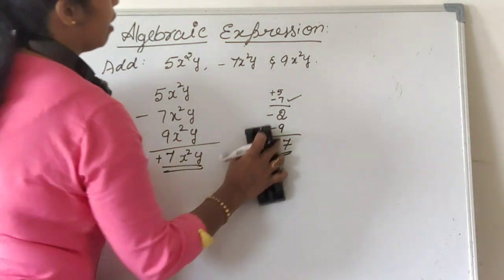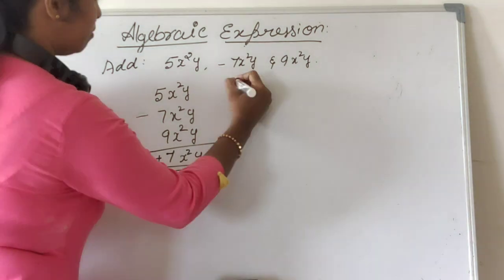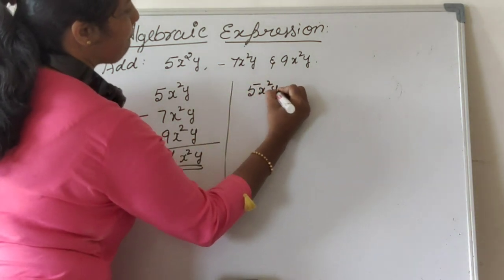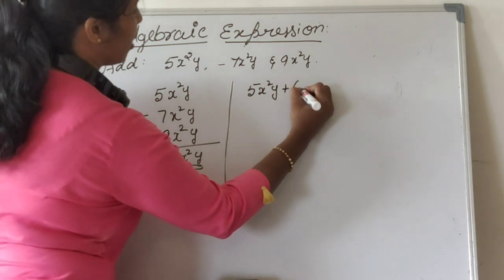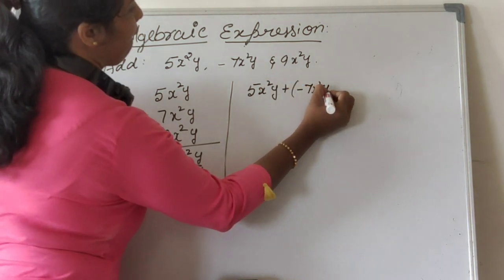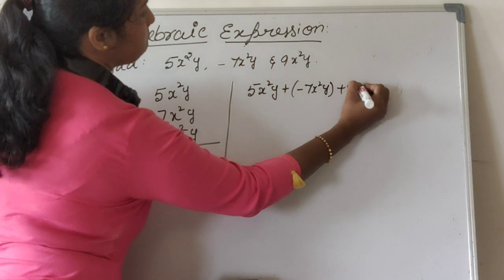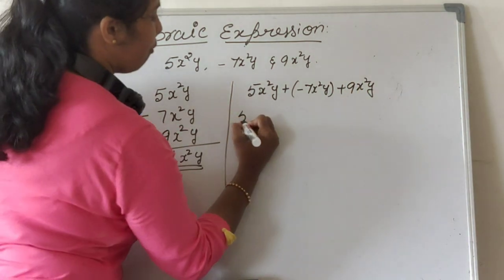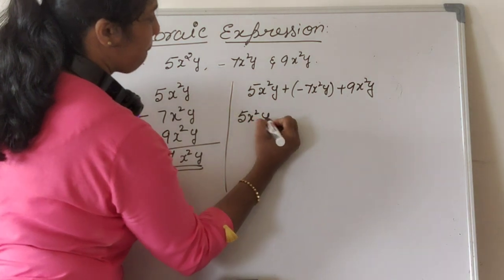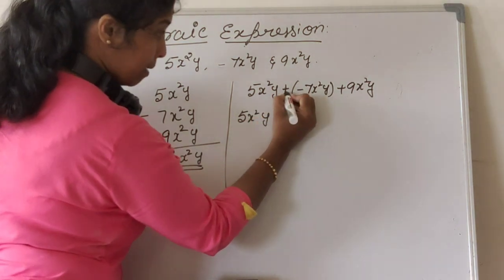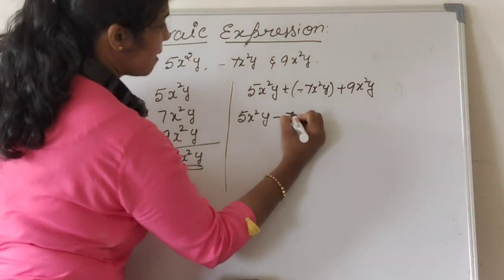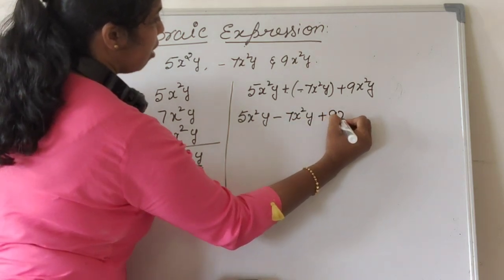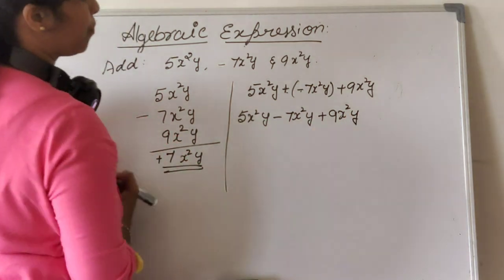This is one way. One more way: 5x square y plus, as addition they said, so write this one in the bracket. Any method is okay. 5x square y plus into minus; minus is the sign you have studied in your previous class.